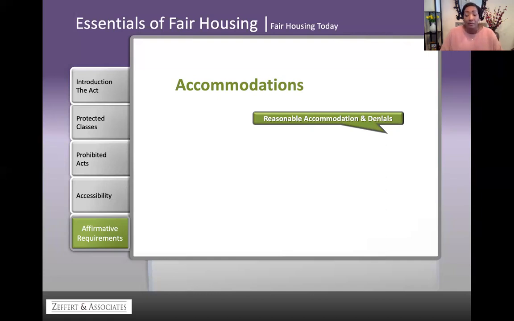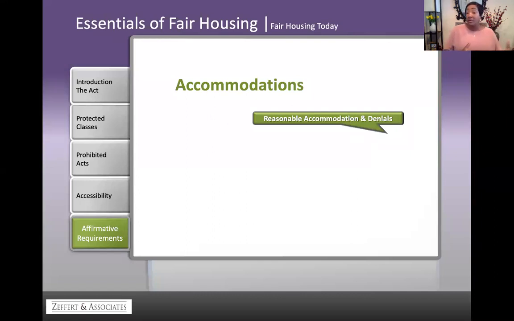However, and I caution you, you really must make sure you sit down, because there's no cookie cutter approach, and analyze that request. You obviously would want to get management involved, possibly your legal counsel involved, to make sure that if you have to deny a reasonable accommodation or modification, you have exhausted all your efforts to see another way to accommodate them.